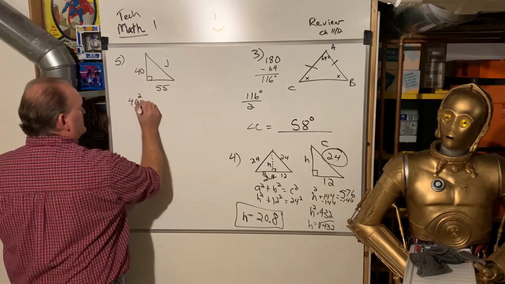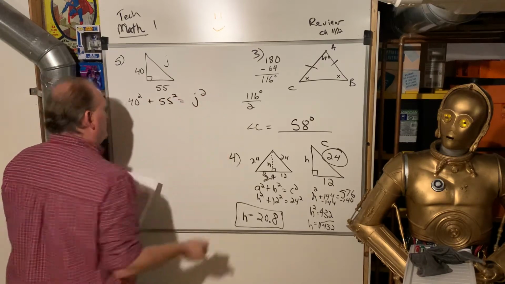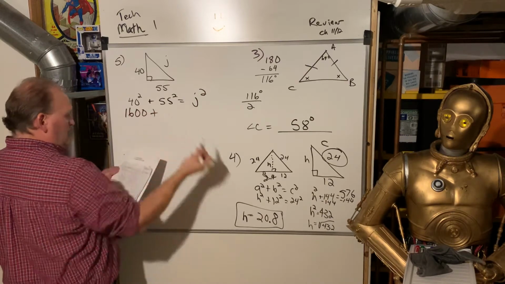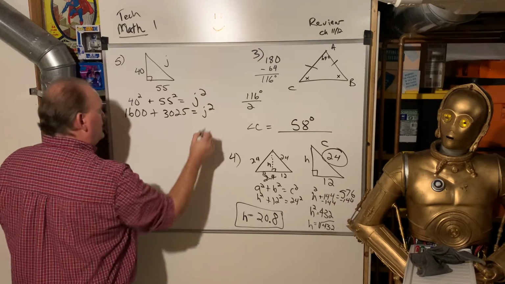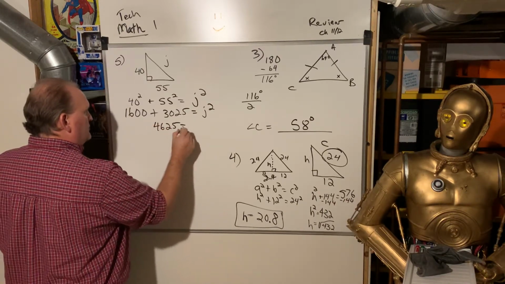So you got 40 squared plus 55 squared equals J squared. That is 1600 plus 3025 equals J squared. That is 4625 equals J squared.